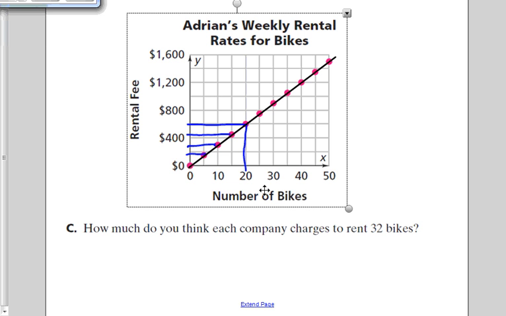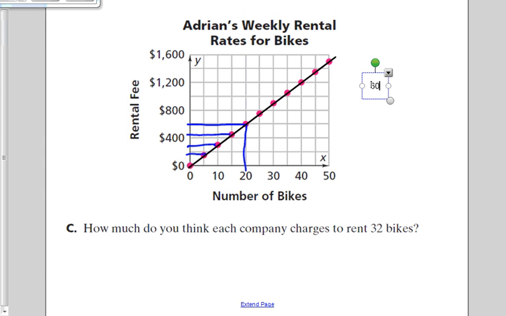Now, let's use this information, 600, to figure out the dollar amount per bike. So we're going to take 600 and divide it by 20. On your calculators, or if you can figure it out in your head, you cancel out some of the zeros if you know how to do that.